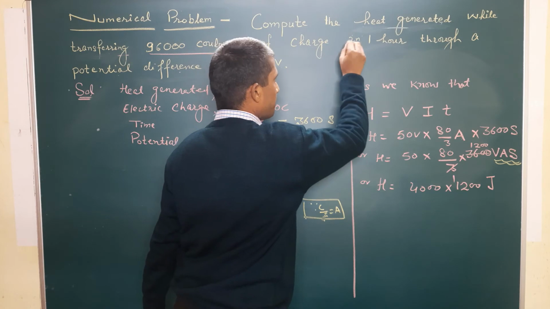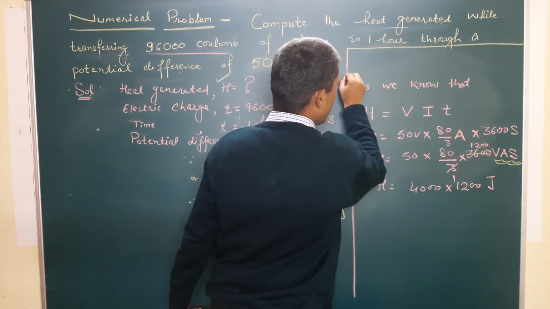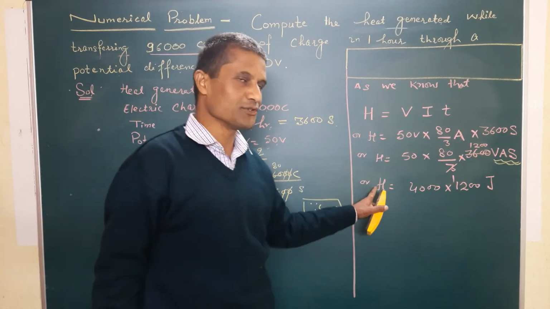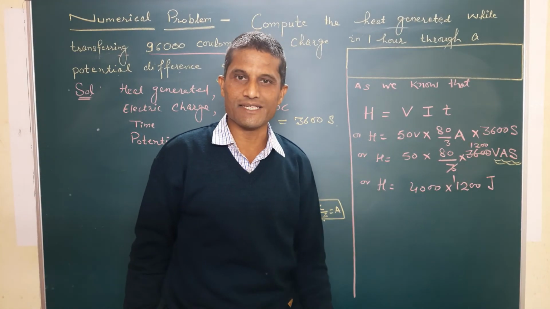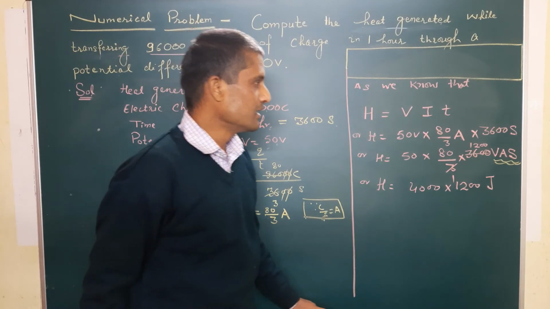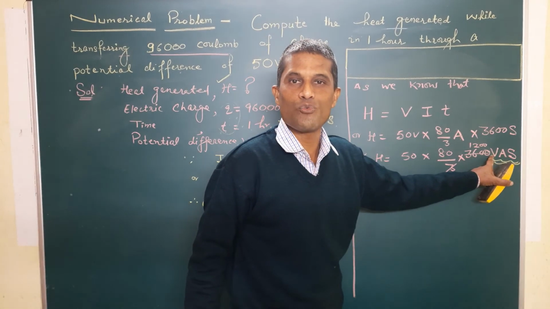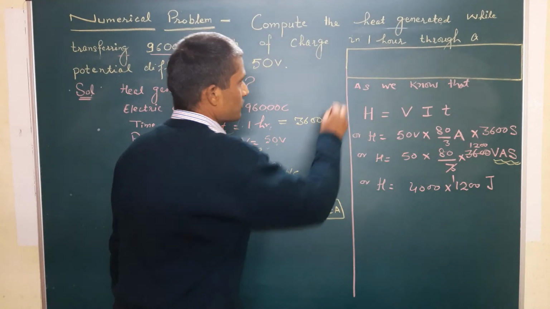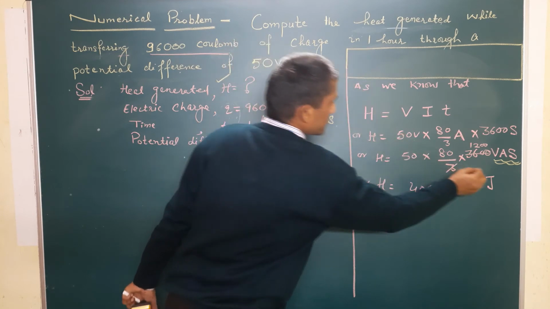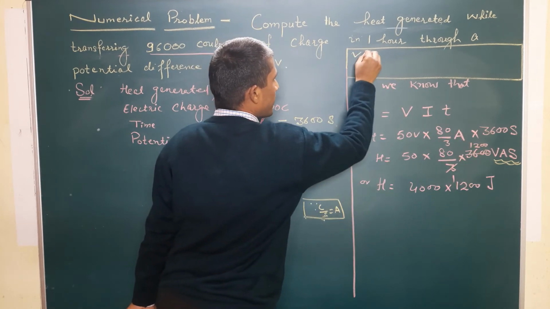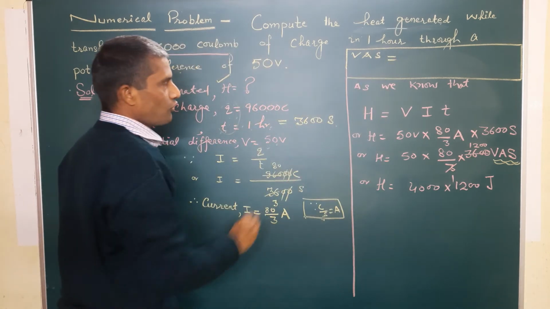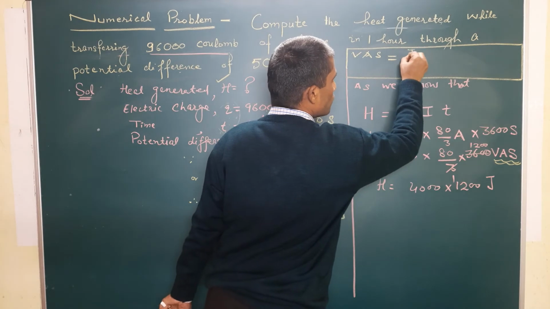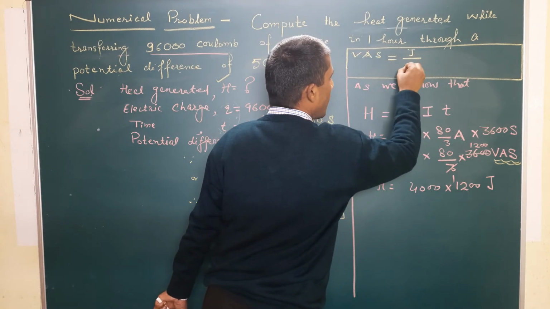If you are not knowing how this happened, then let me tell you one thing. The unit of heat is joule. That's why I am using joule. But still, if someone asks you how VAS stands equal to joule, then you can describe it this way. Volt is equal to joule upon coulomb.